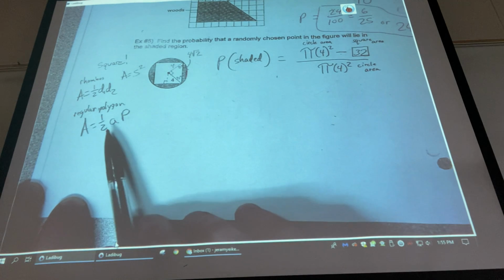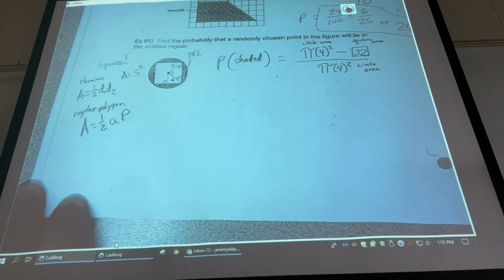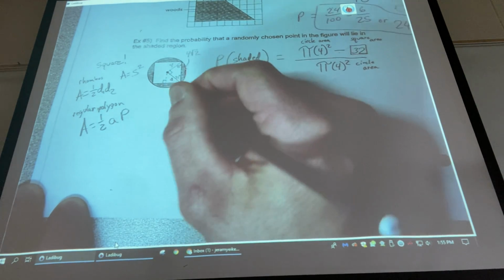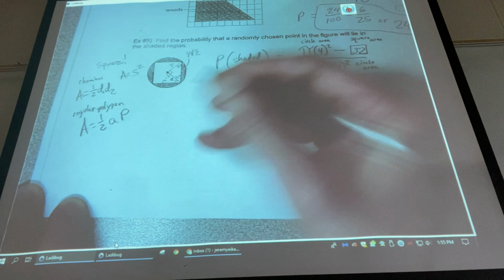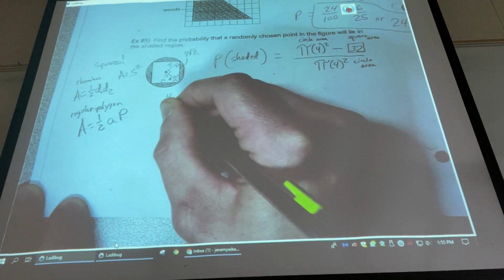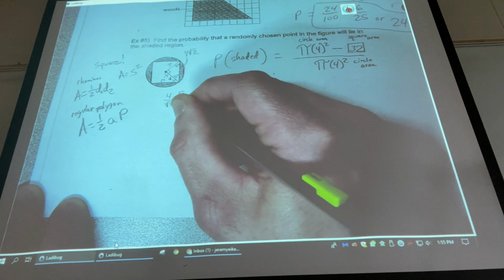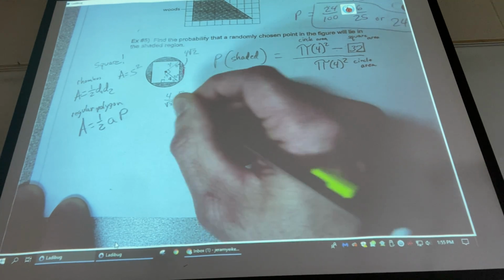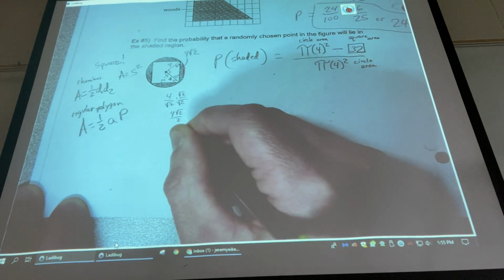And we're not doing it, but if we were to do the regular polygon, we would have the 4, and then with it being a 45 here, you would do 4 divided by square root 2, rationalize it, multiply by square root 2 over 2, get 4 square root 2 over 2, which is 2 square root 2.